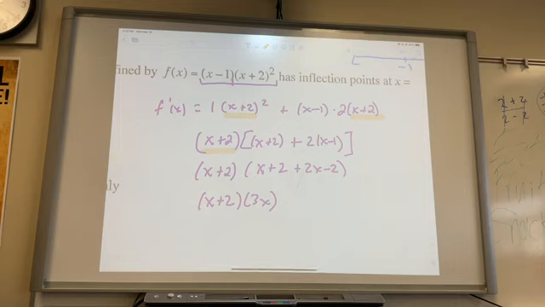When I take out 1 x plus 2 from here, what's left? 1 x plus 2, right? And when I take out an x plus 2 over here, what's left? X minus 1 times 2.